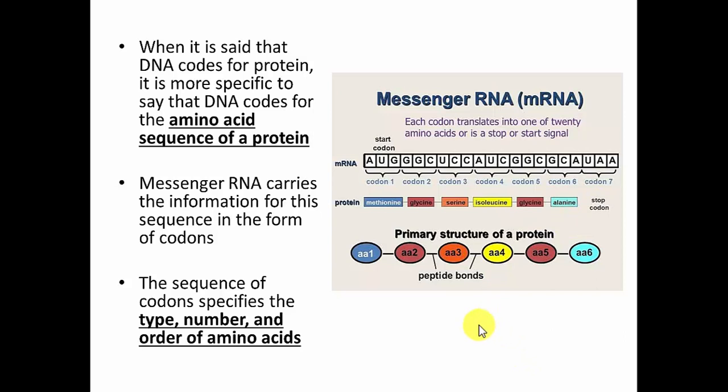So if we switch these orders around, if we take amino acids out, the protein will fold differently, and that will lead to a different shape, and that will lead to a different function. So ultimately what we're doing here is we're actually spelling out how the protein will ultimately fold indirectly by coding for the type, number, and order of amino acids.